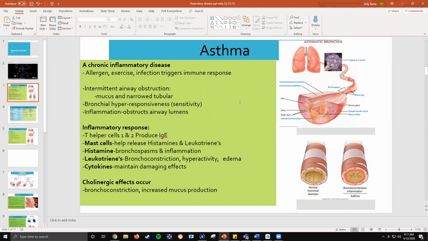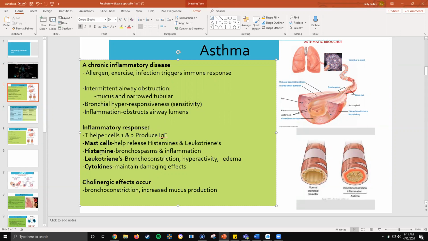The mucus production is to try to get the allergen out of your lungs, and the narrowed tubular is part of the inflammatory process. We have a bronchial hyperresponsiveness, which is a sensitivity to the allergen, and then we have the inflammation part that obstructs the lumens. So this is an inflammatory response problem to the allergen, exercise, or infection.